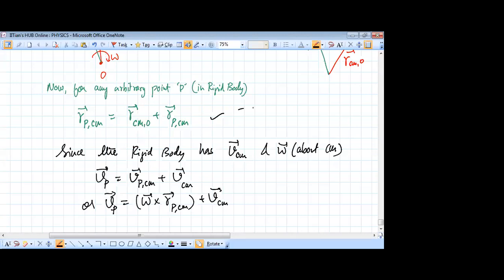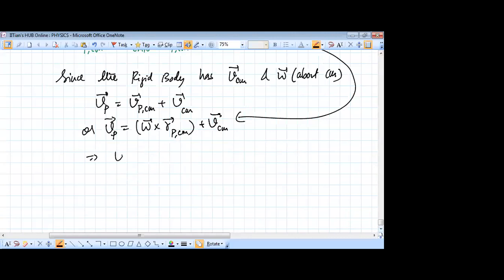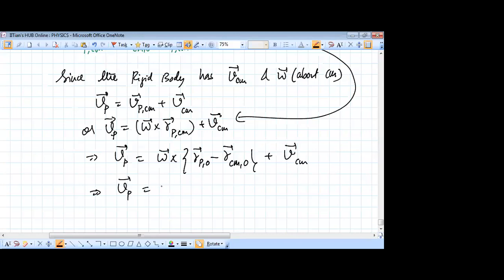Now bring in this relation. So we can write this quantity as omega cross R of P with respect to O minus R of center of mass with respect to O. So we can write this as omega cross R of P with respect to O plus VCM minus omega cross R of center of mass with respect to O. We can write this equation.